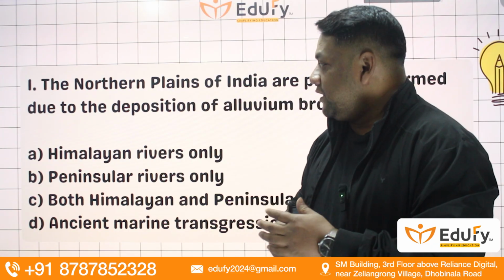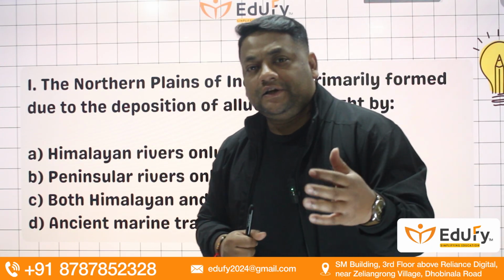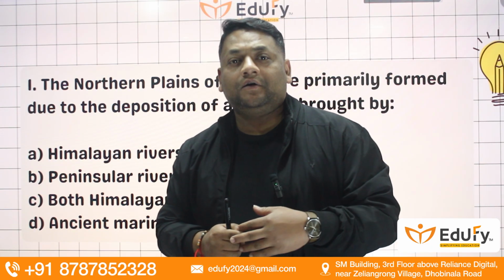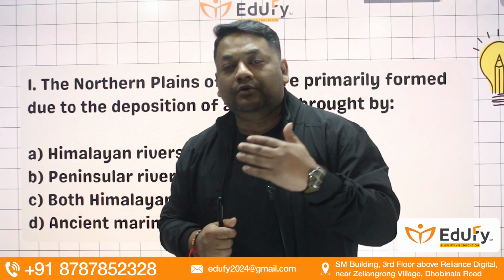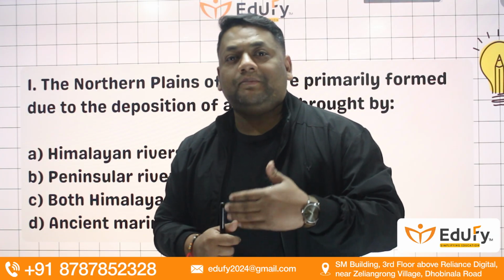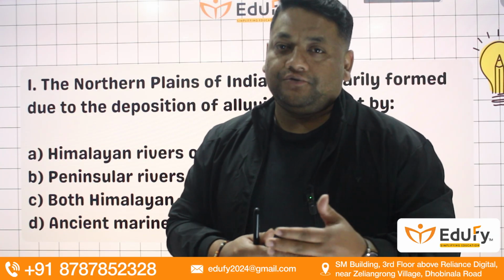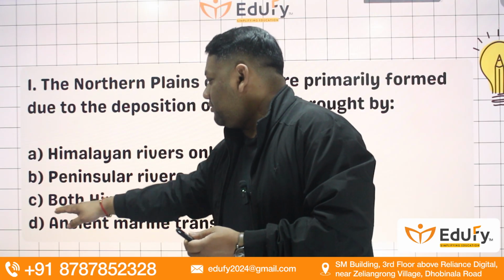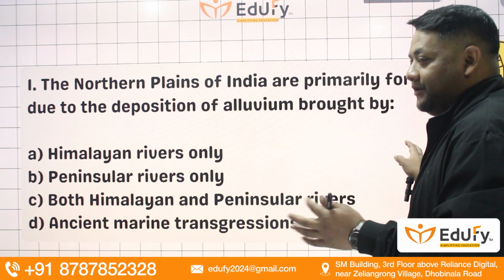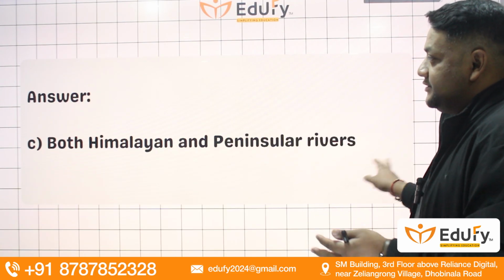How? Chambal River, Sindh River, Betwa River, Son River, Punpun River, they are all going from peninsular India, that is the plateau, towards the northern plains. So both Himalayan and peninsular rivers is the correct answer. C is the correct answer.